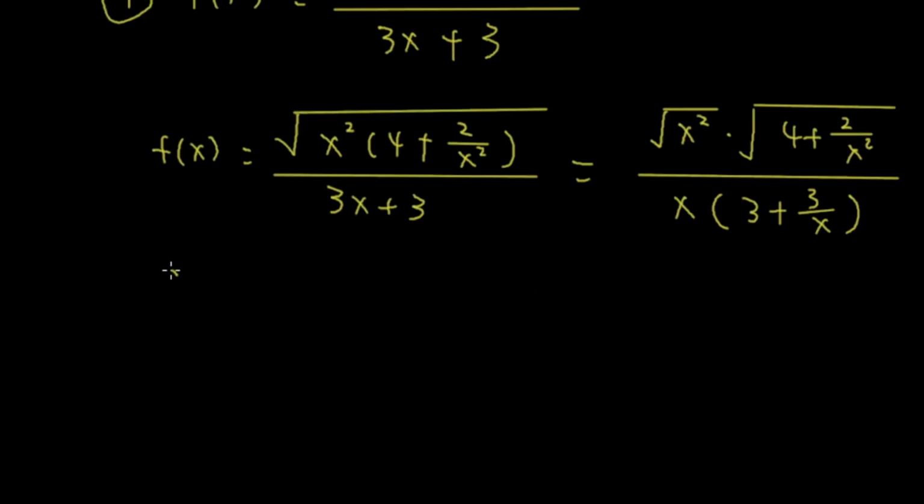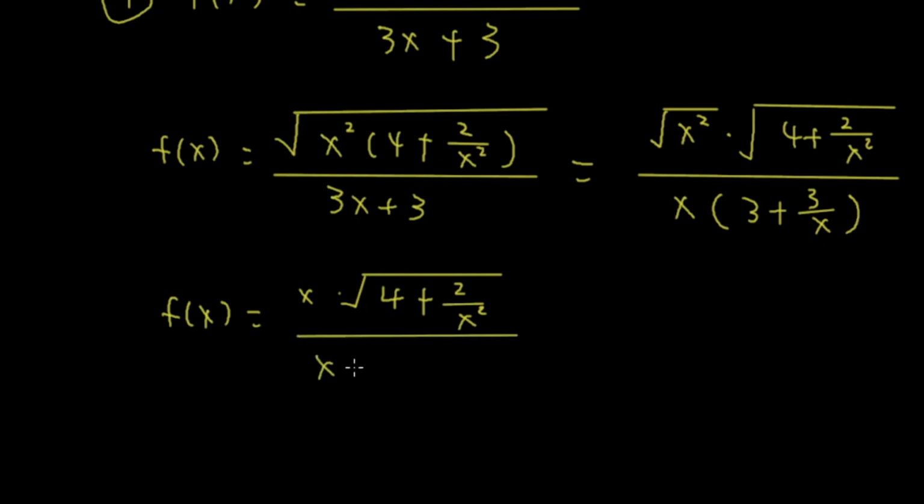Okay, so f at x is equal to x times square root of 4 plus 2 over x squared divided by x times 3 plus 3 over x.